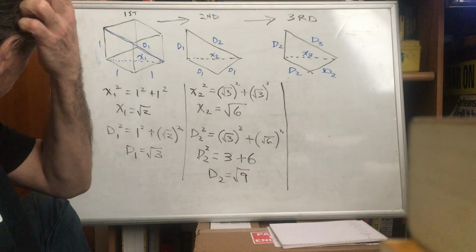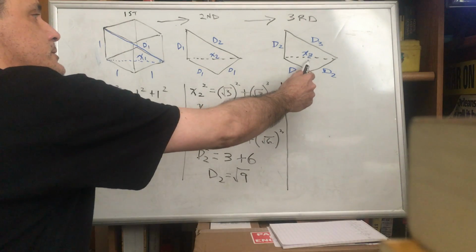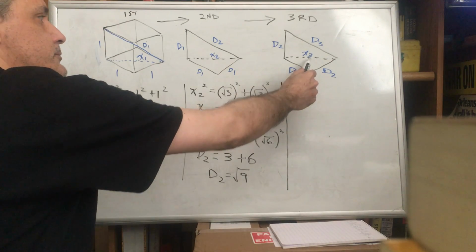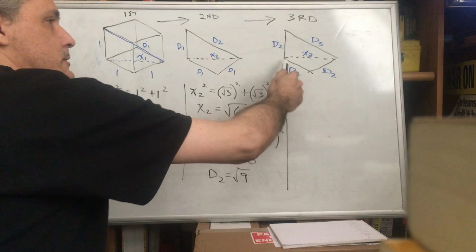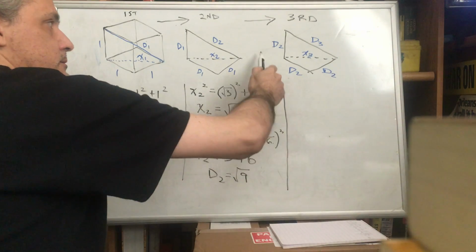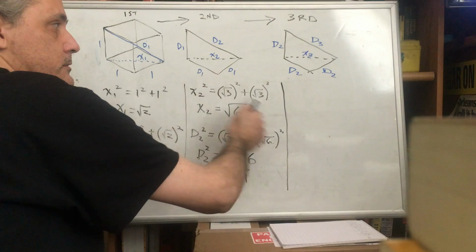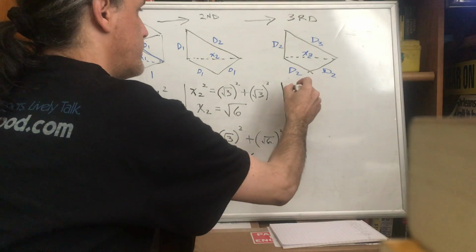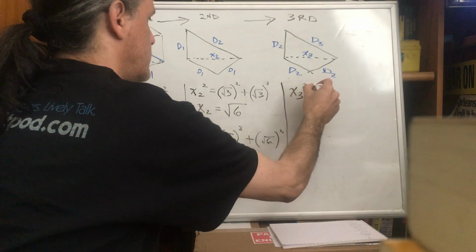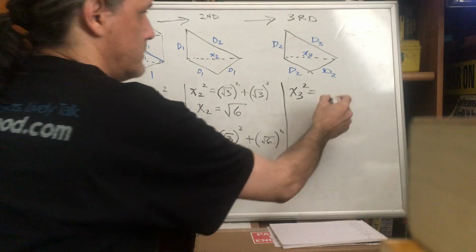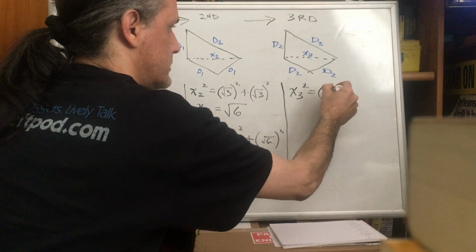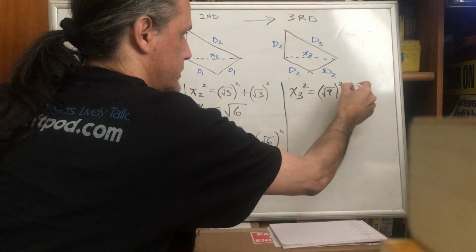Okay, so a very similar thing. We want to first find the 2-dimensional diagonal, x sub 3. So we use the previous space diagonal from the second cube as the legs. So down here, and again, I'm just leaving it as root 9. We know that's 3.